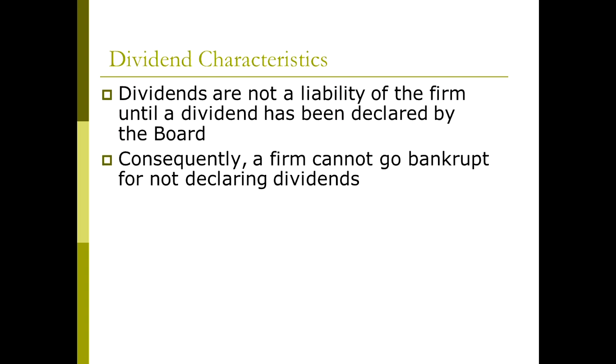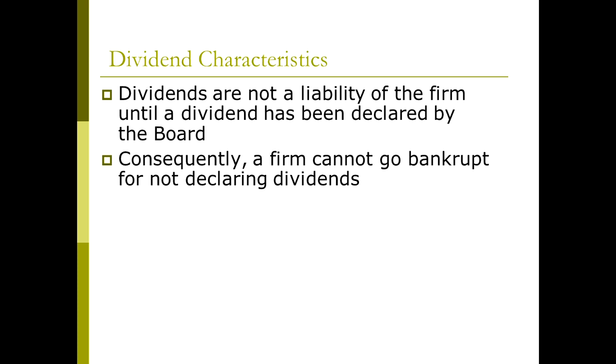Here are some common characteristics of dividends. First of all, dividends are not a liability of the firm until the dividend is declared by the board. So at the end of each quarter, the company will declare how much dividend they want to pay. If they declare we're going to pay $2 per share in dividends, then it becomes a liability of the firm. After the declaration, the company has to pay the declared dividends to the shareholders.